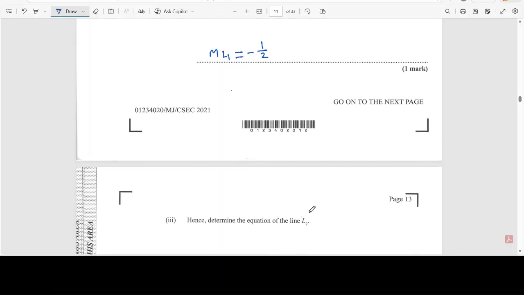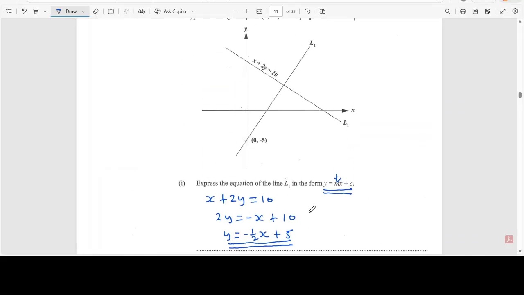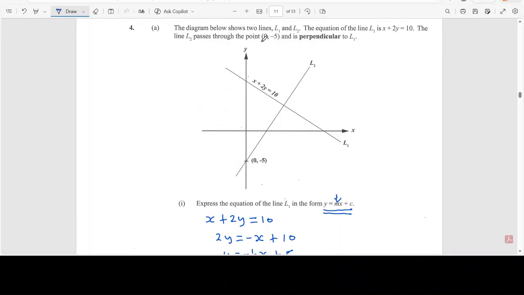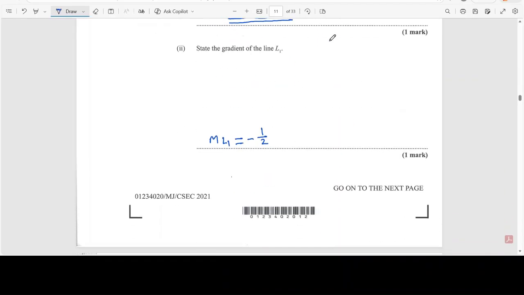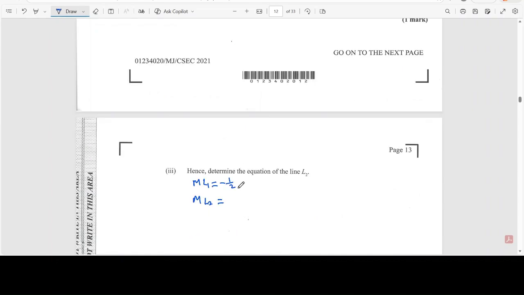Hence, determine the equation of line L2. So where's line L2? So this is the L2. The part of this question, they told us that it was perpendicular to L1. So if the gradient of L1 is negative a half, what's going to be the gradient of the line perpendicular? The gradients are the negative reciprocal of each other, right?